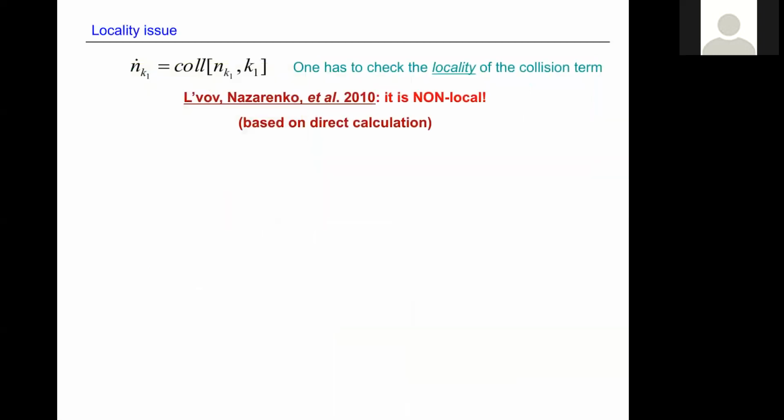Right, but we were actually challenged on this locality assumption, even though we checked it numerically, that wasn't nice enough. We were challenged by Wolf and Nazarenko and their students, who actually computed all the 1,000 terms, and they very proudly did that. We probably wouldn't be able to repeat this calculation, but based on direct calculation, they say the collisional term is actually non-local. Okay.